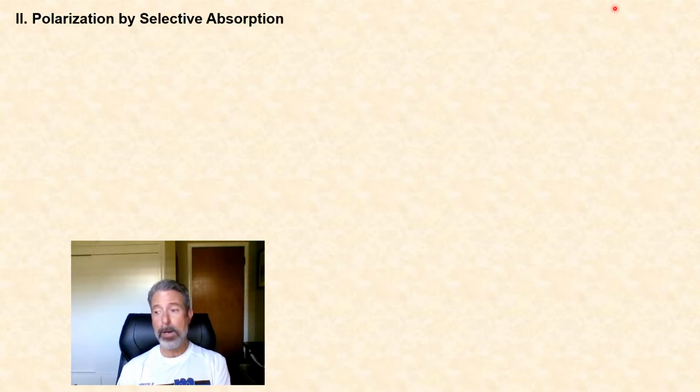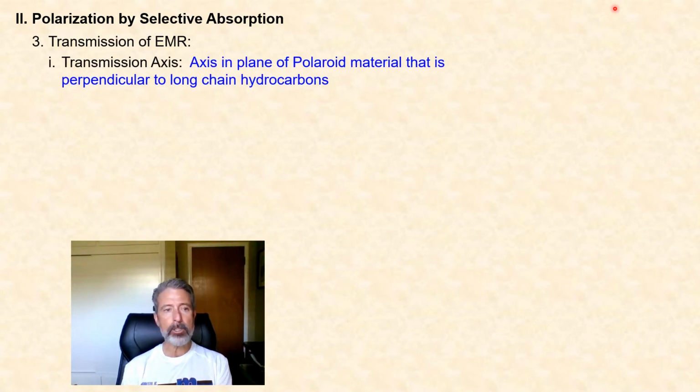Now, if we want to talk about what actually gets transmitted rather than absorbed, we can talk about a transmission axis. The transmission axis is the axis in the plane of the Polaroid material that is perpendicular to the long chain hydrocarbons. Remember, electric fields in the direction of the hydrocarbons get absorbed, which means that components of electric field that are perpendicular to those chains will get transmitted.